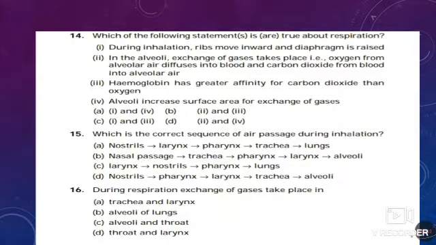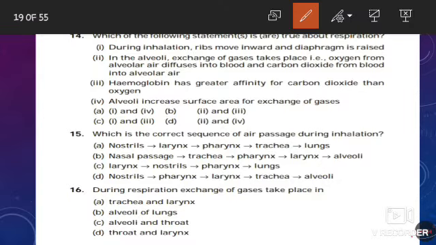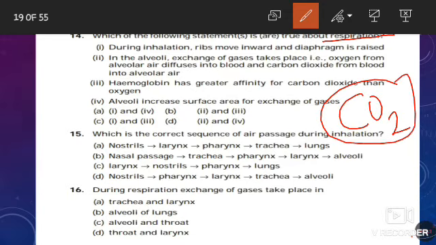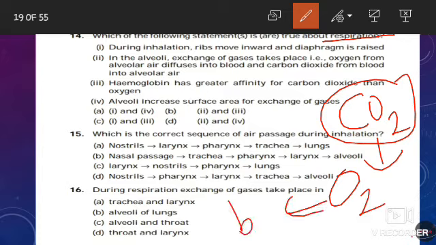Now question number 14 is related to the respiration process. In the respiration process, diffusion of gases takes place. That means exchange of gases takes place through the process of diffusion. And in diffusion, CO2 from blood comes into alveoli and O2 from alveoli comes to blood. So the second option is correct.